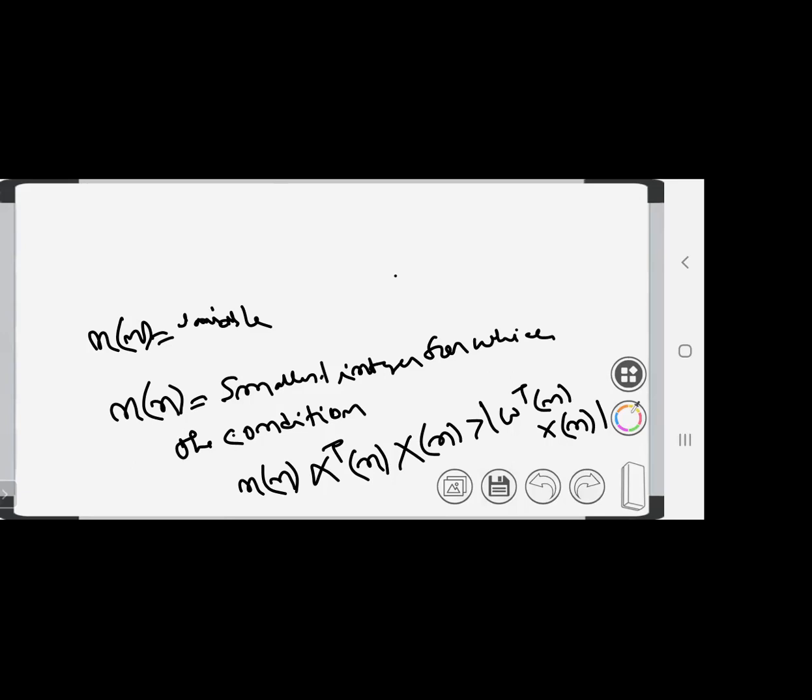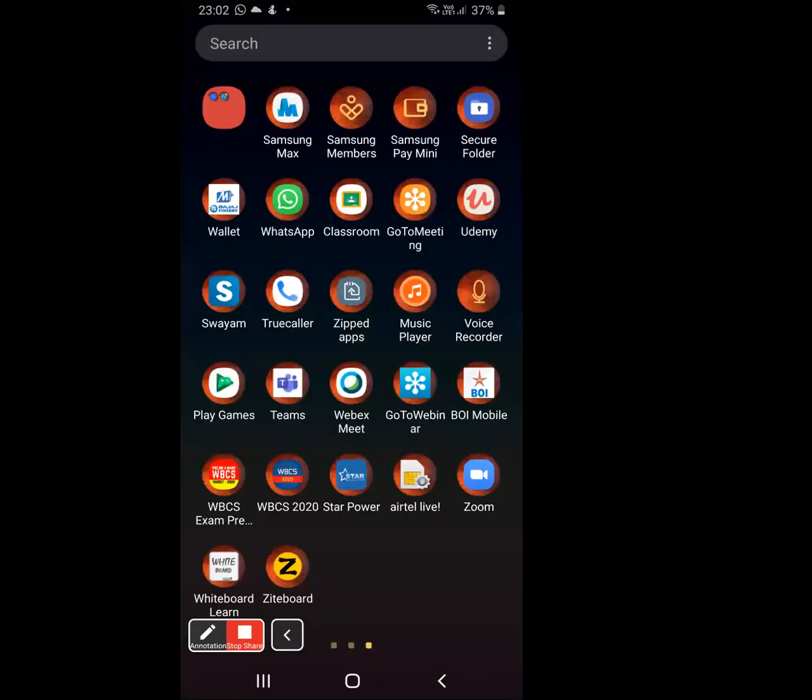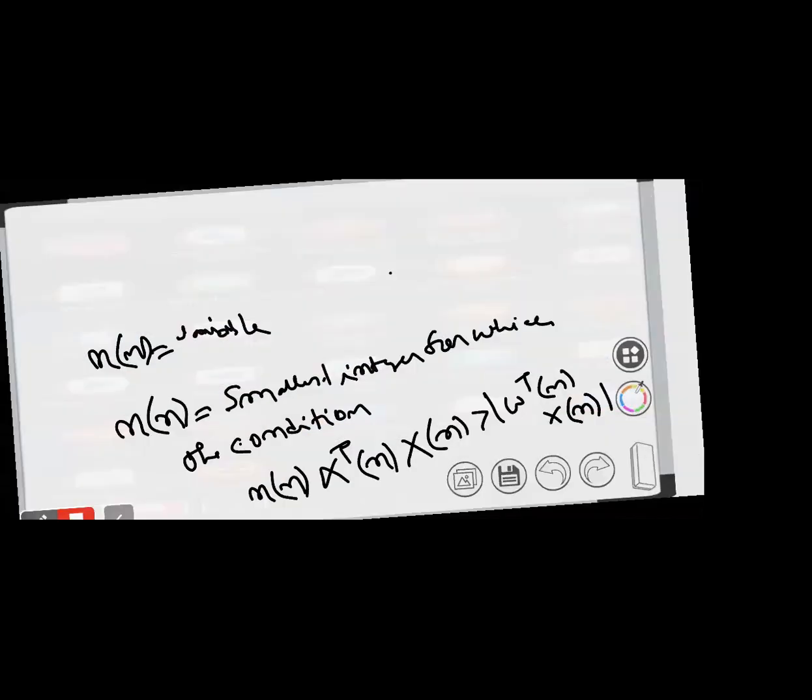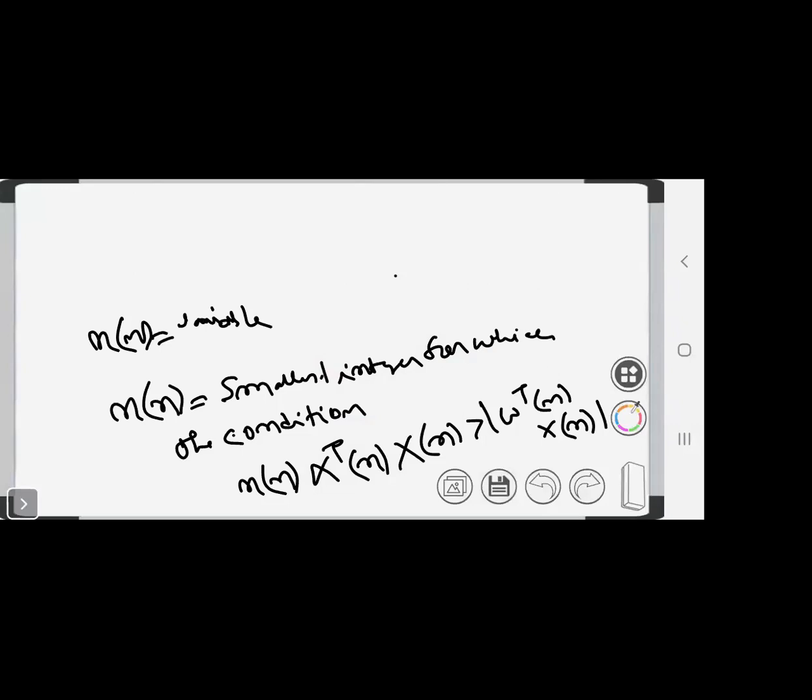In other words, each pattern is presented repeatedly to the perceptron until the pattern is classified properly. So until the pattern is classified properly, we will continuously go for the iteration.